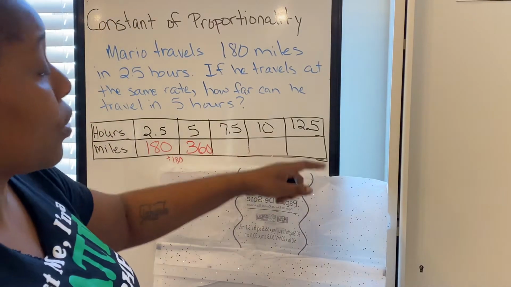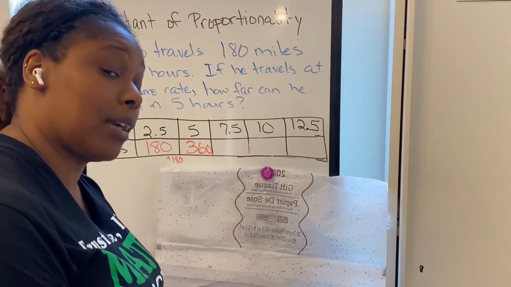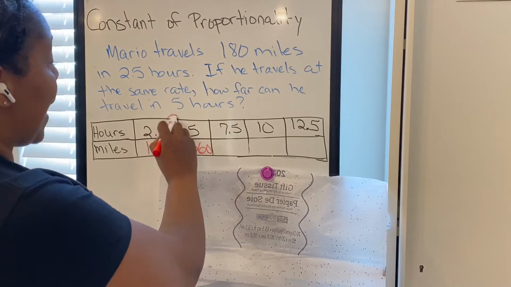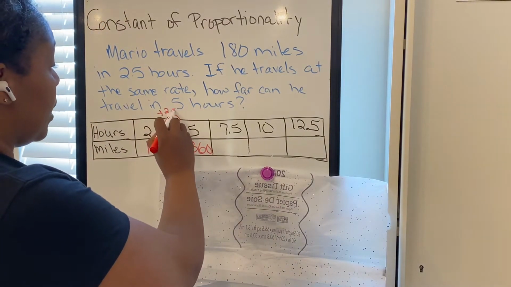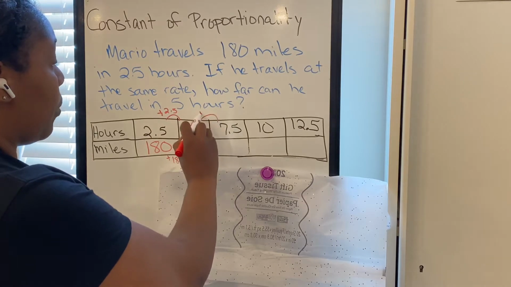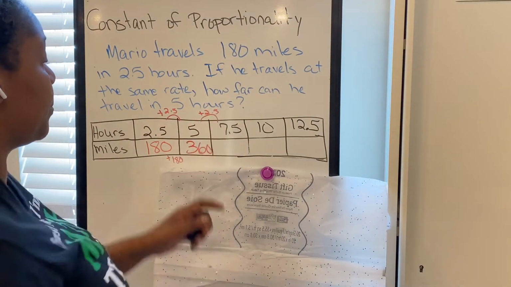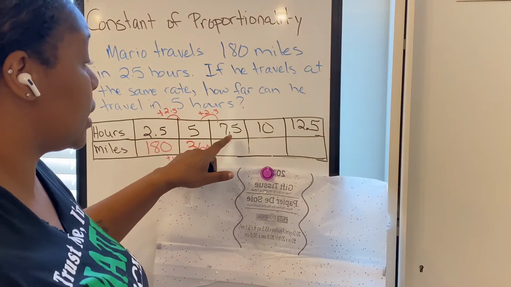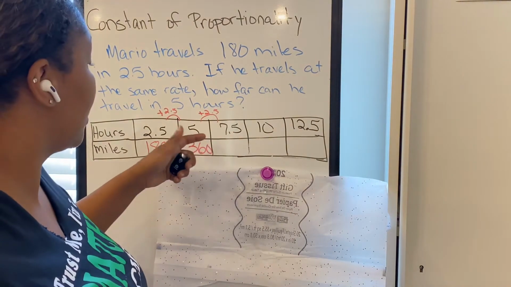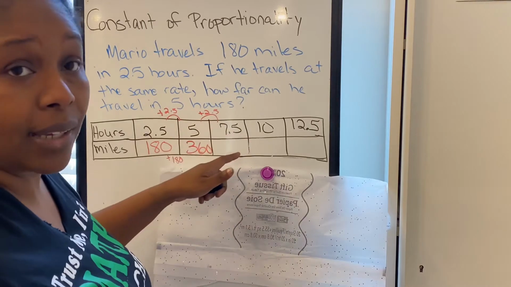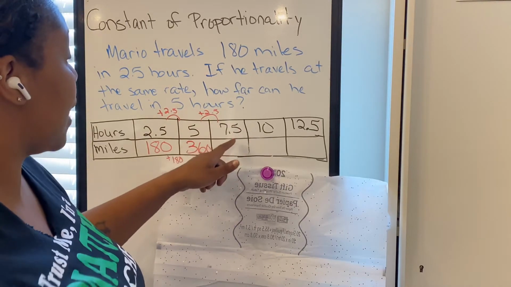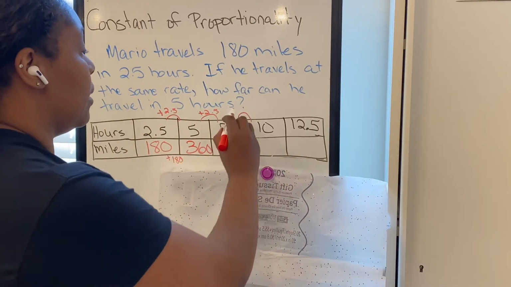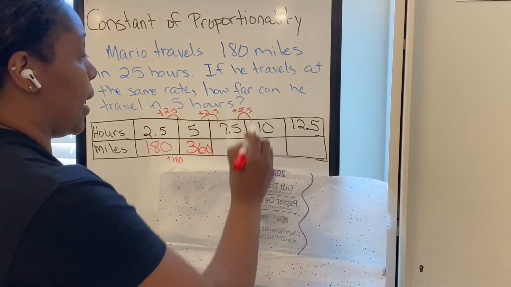In order to fill out the rest of the chart, you're going to do the exact same thing, okay? Because I did plus 2.5 here, from here to here, I went another 2.5. So if I go from 5 to 7.5, I have 2.5. And then 7.5 to 10, 2.5.